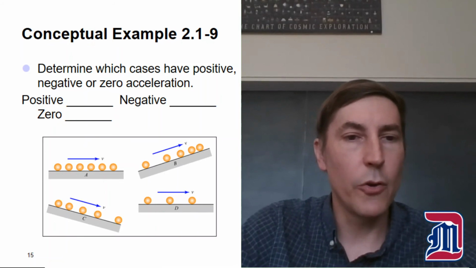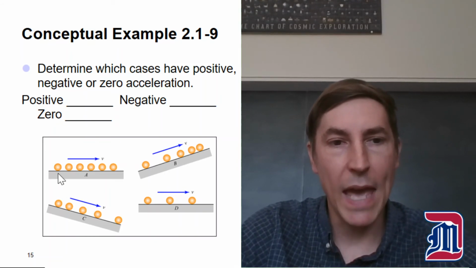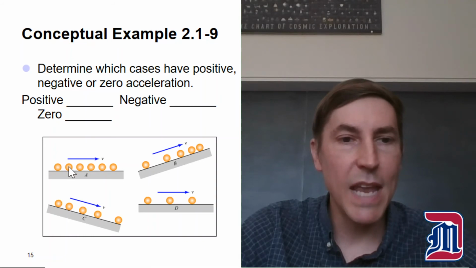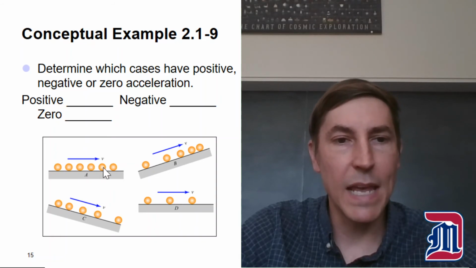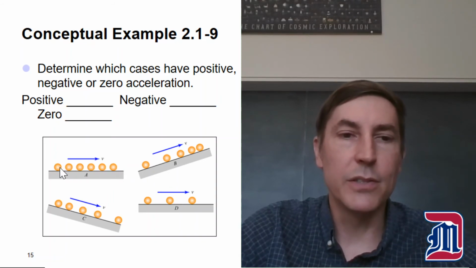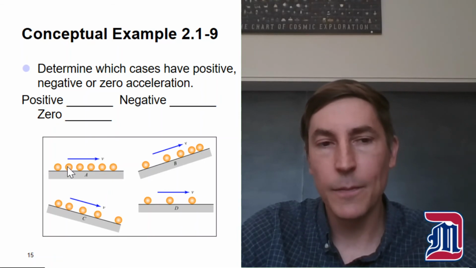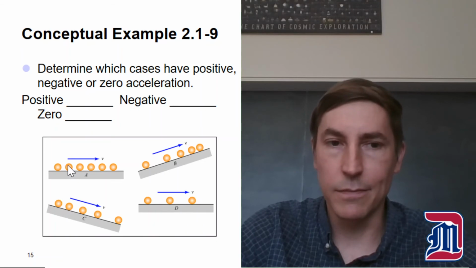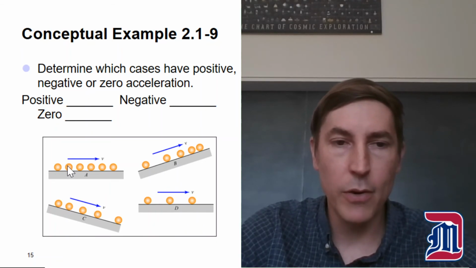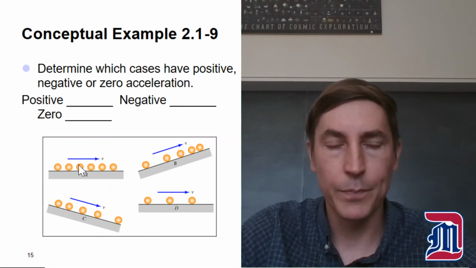Okay, so if we look at this, for example, A. In each snapshot, the ball travels the same distance. And so since velocity is delta s over delta t, the velocity is constant. I'm covering the same amount of ground for the same amount of time.